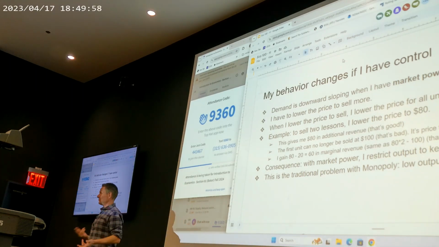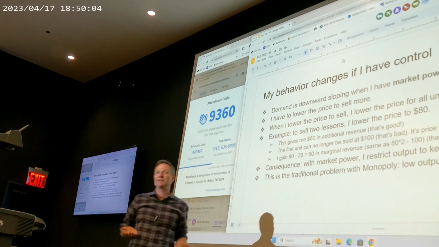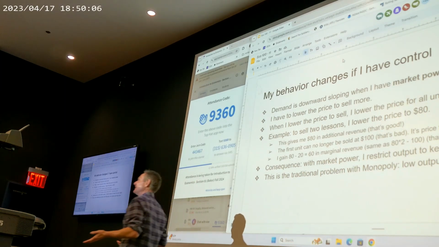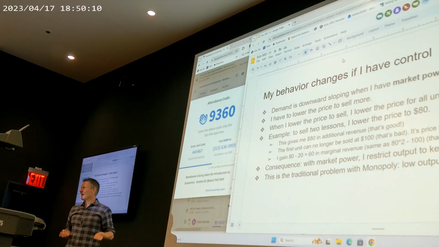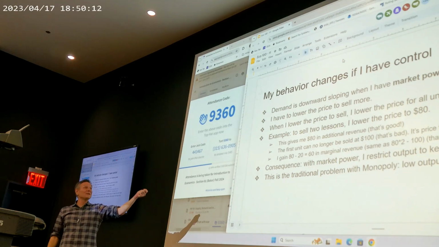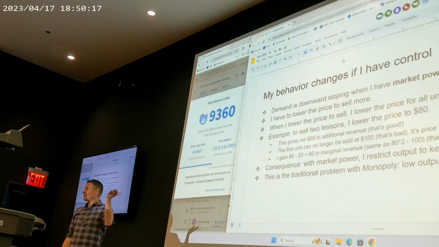So one of the consequences of all this is that I understand there's a trade-off I face whenever I lower the price. I'm selling everything at a lower price, not just the last unit. And as a consequence, one thing I want to do when I have market power is to keep the price high.